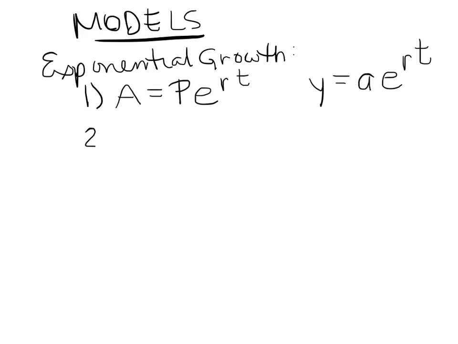Another place that exponential growth pops up is what's called Moore's Law, which I want to talk about just a little bit. It's kind of funny, it's more of an empirical law. It's something that was noticed. Mr. Moore is a big shot at Intel. They make the chips and everything, and they were looking at the number of transistors on the integrated circuits.